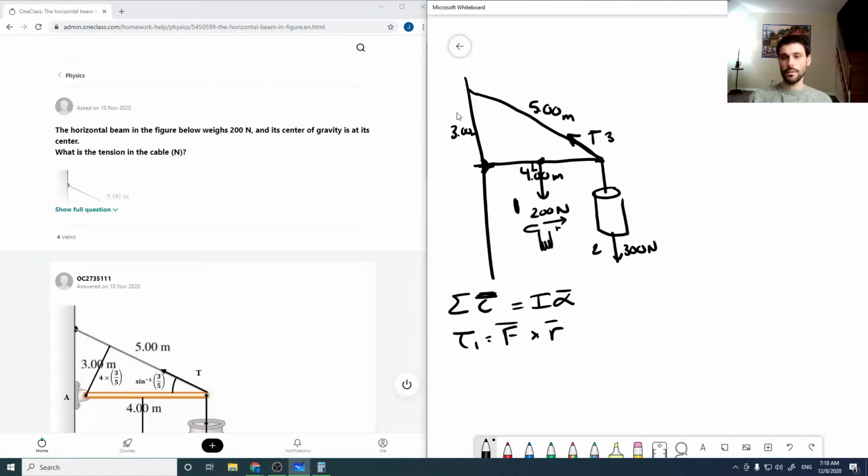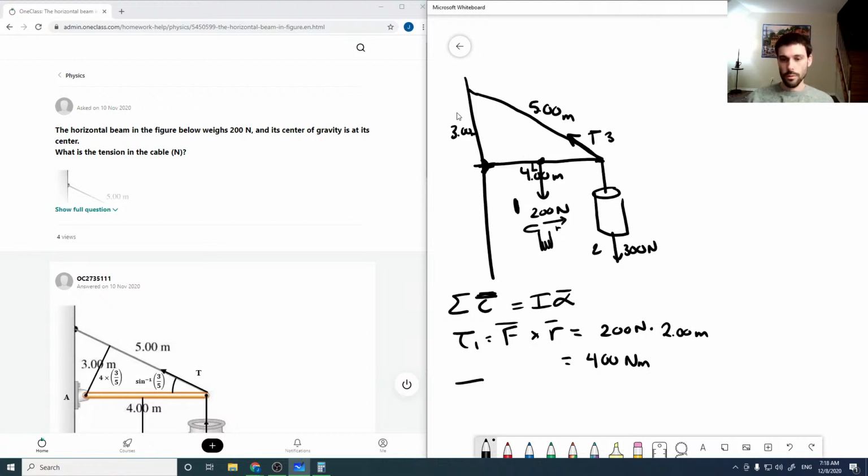So in this case, the torque would be out of the page, so we're calling this a positive torque. So then this would just be 200 newtons times 2 meters along the beam, since it acts at the center of mass, so that would be 400 newton meters.